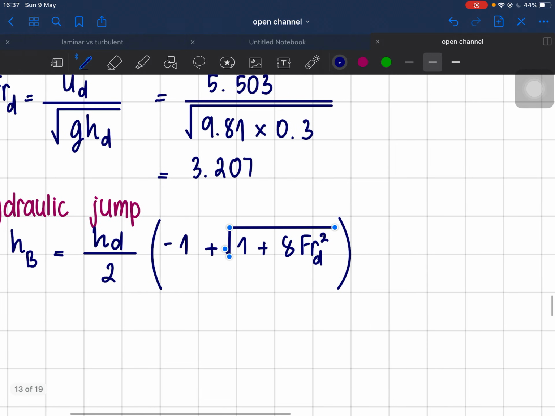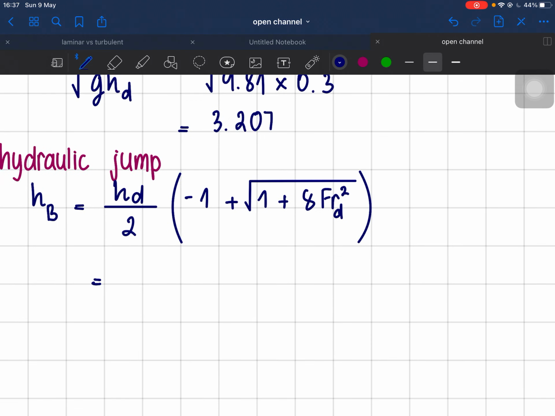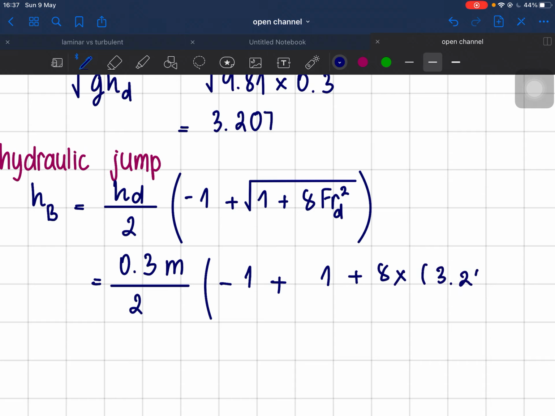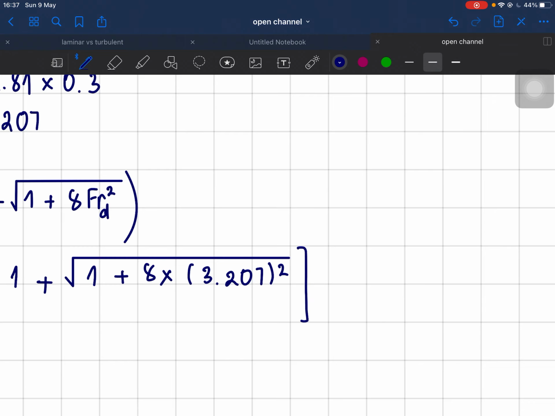Okay, and then now we can find this one that we got earlier. It's 0.3 over 2 times minus 1 plus 1 plus 8 times 3.207 square. This would be the bigger bracket, because we already used the round bracket already.